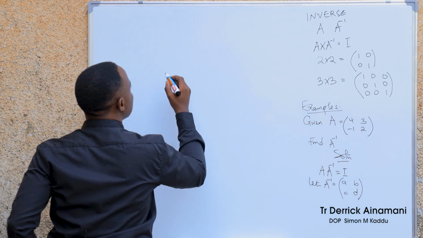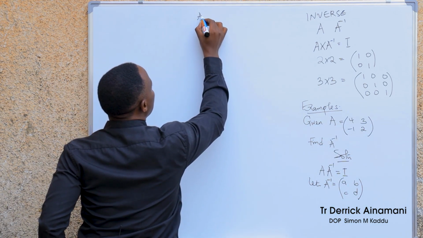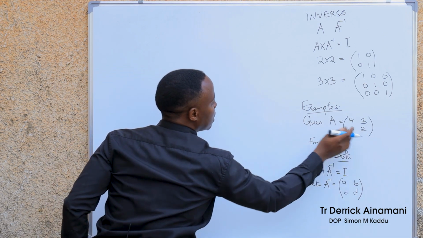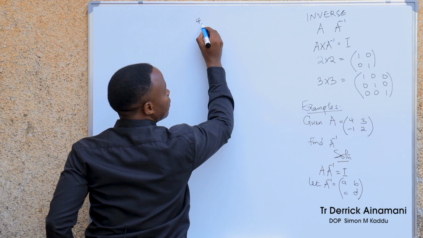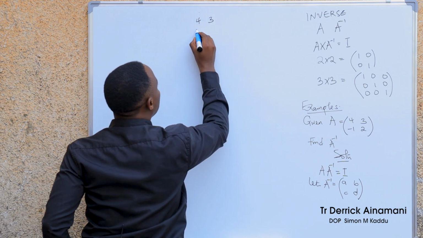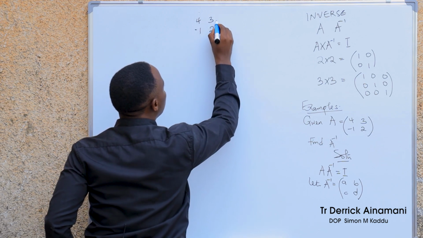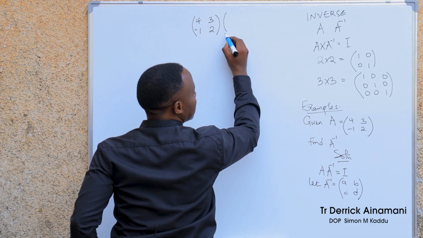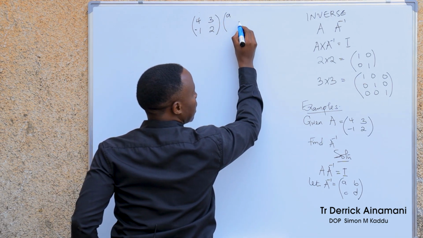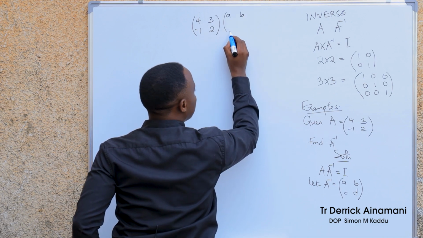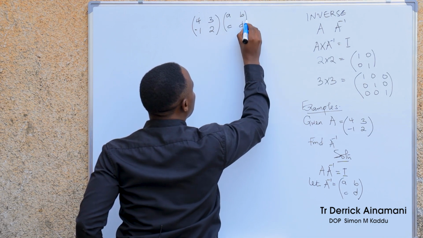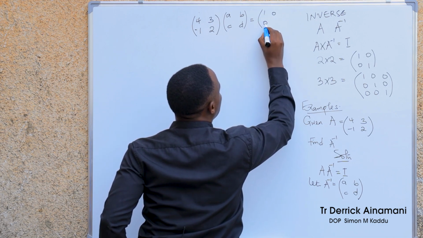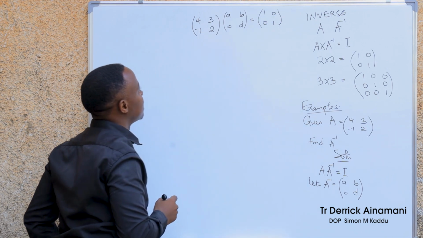The formula is matrix A, which is this 4, 3, negative 1, and 2, then times the inverse. The inverse is A, B, C, and D is equal to the identity. And since you are dealing with the 2 by 2, the identity will be that.